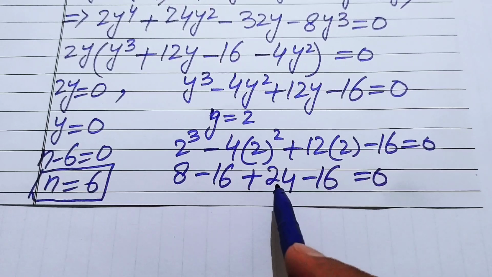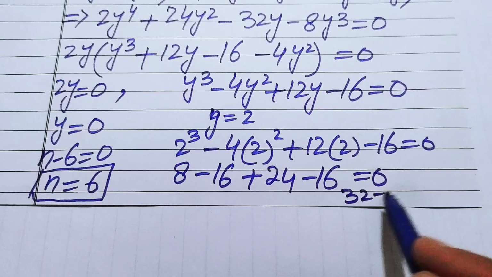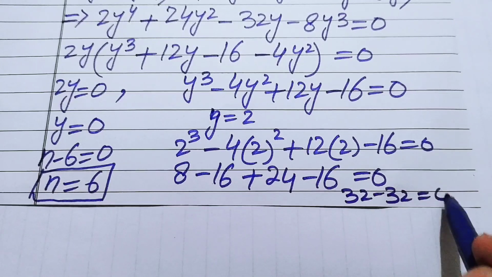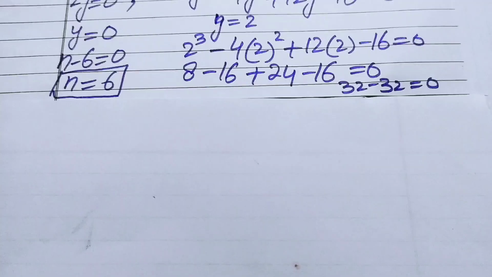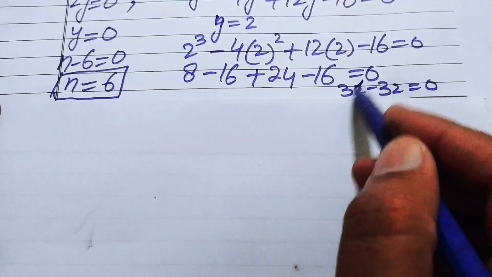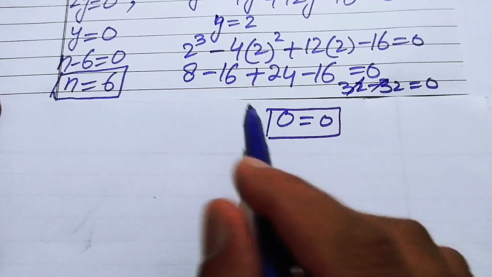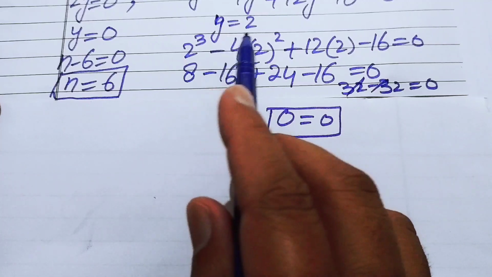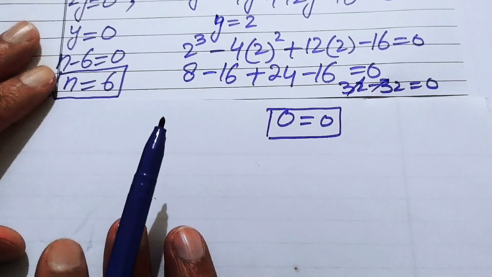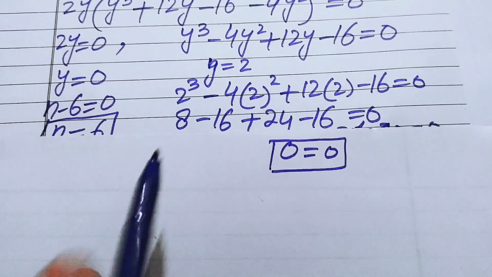So you have 24 plus 8 equals 32, minus 32 equals 0. So 0 equals 0. This shows that y equals 2 is a solution of the above equation.